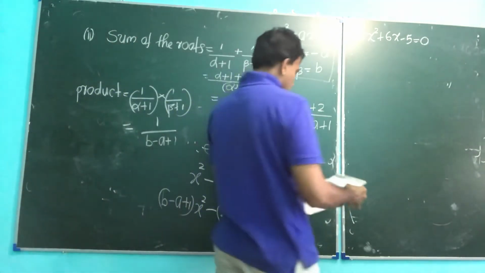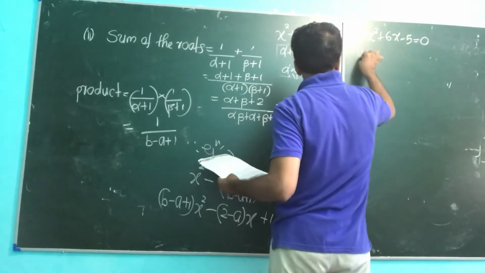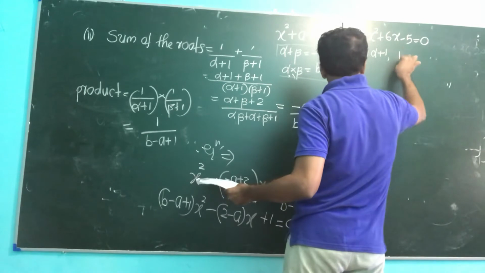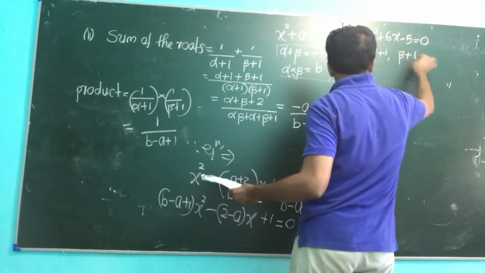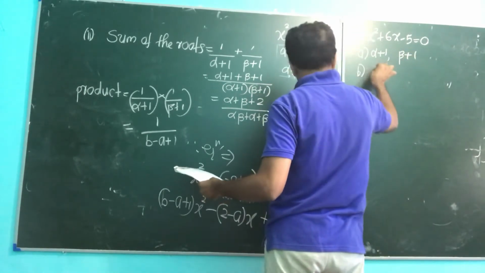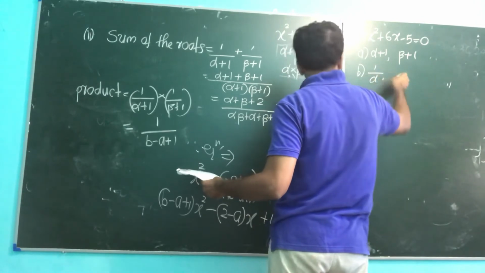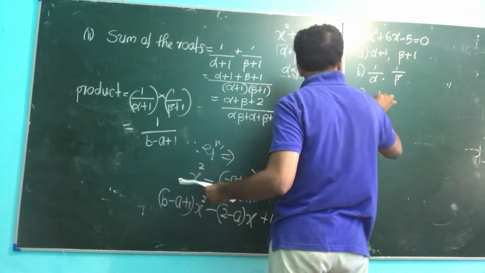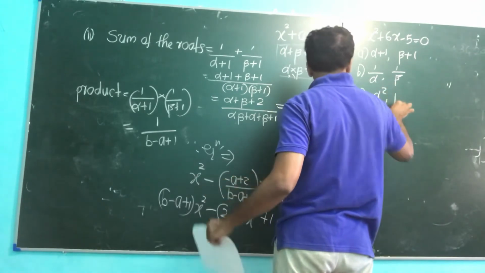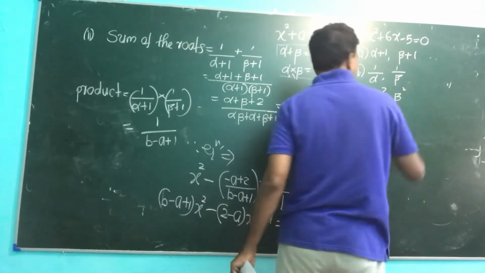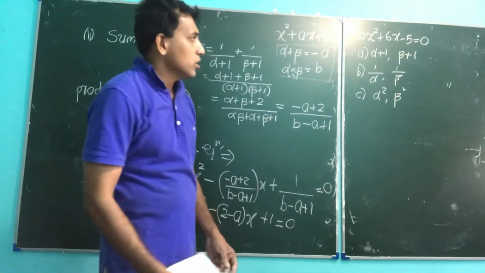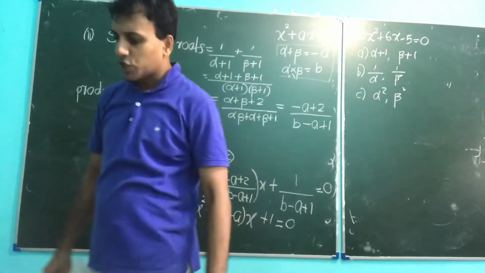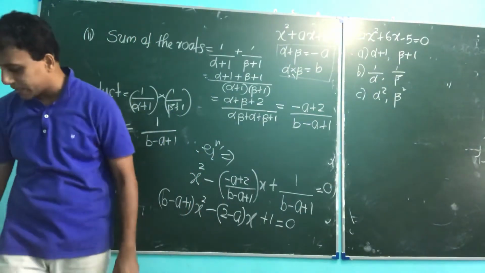Then find the equation whose roots are, first part, alpha plus 1 and beta plus 1; second part, 1 over alpha and 1 over beta; third part, alpha squared and beta squared. In a similar fashion, here I can show the transformation method for the first and second.